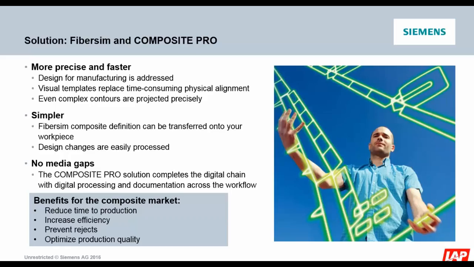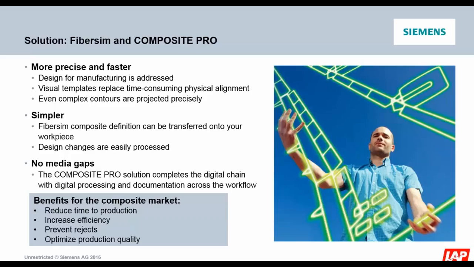It provides a much more precise and faster way to achieve manufacturing. And part of the way it does that is through the design for manufacturing process in FiberSim being addressed up front, and then being able to pass that data downstream and consume it in manufacturing.